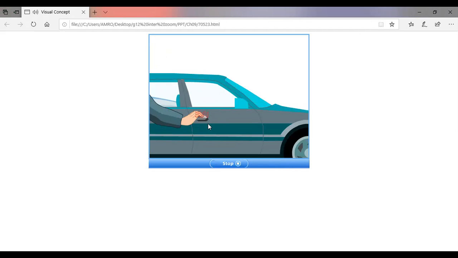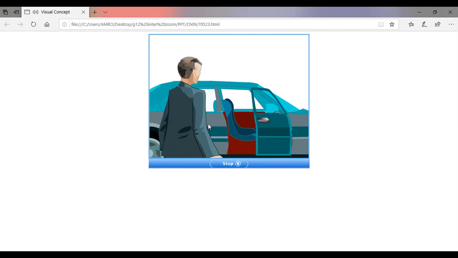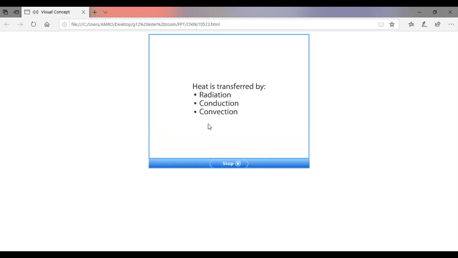Conduction, this is conduction. Oh, read convection.